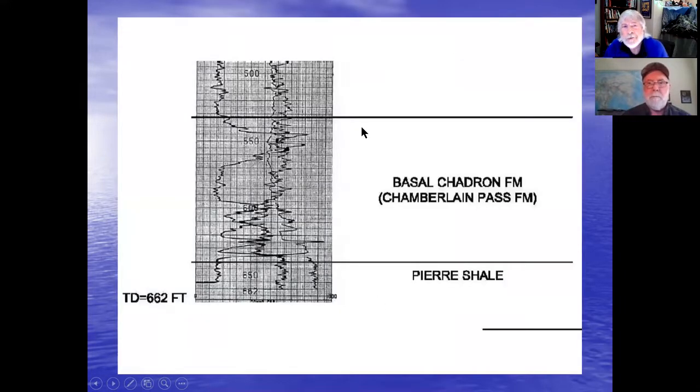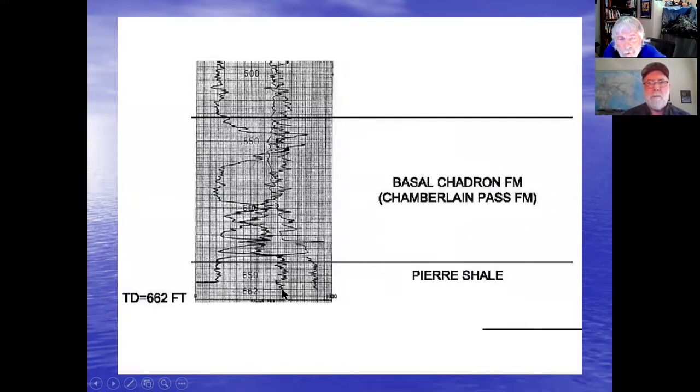So this is a blow up of that earlier log, and what we found here is the classic signature of uranium mining: a very, very big gamma ray hit. Not necessarily much change in your resistivity, but the gamma ray hit was huge.